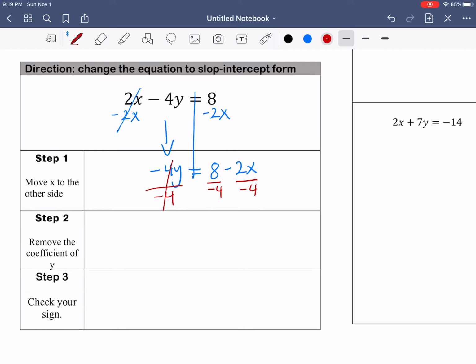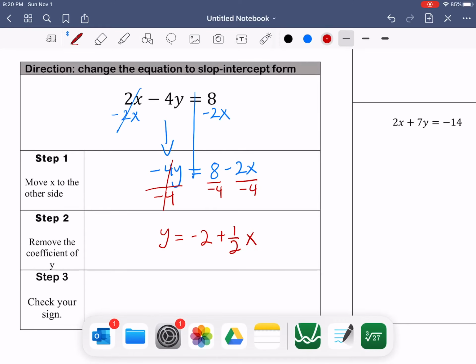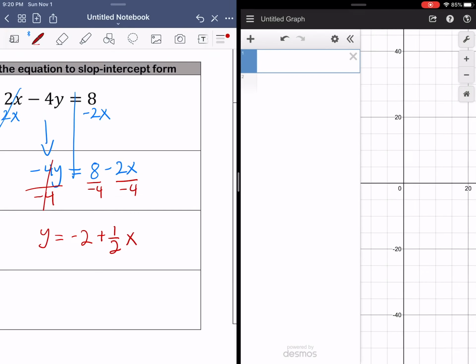So this one disappears. So y equals 8 divided by negative 4, you will get negative 2. Negative 2 divided by negative 4 is going to be 1/2. Positive 1/2 x.